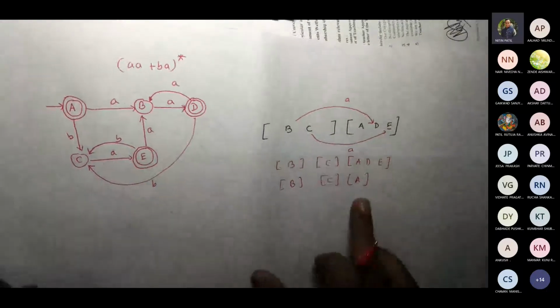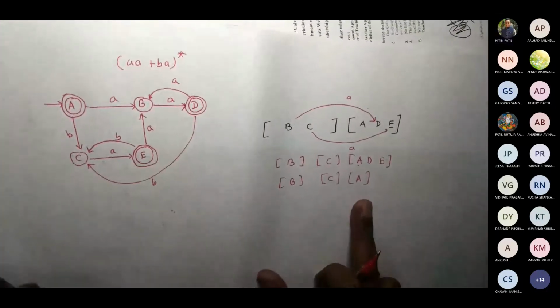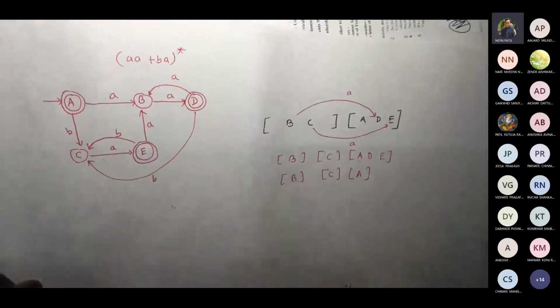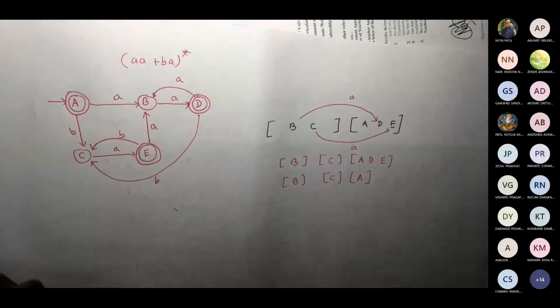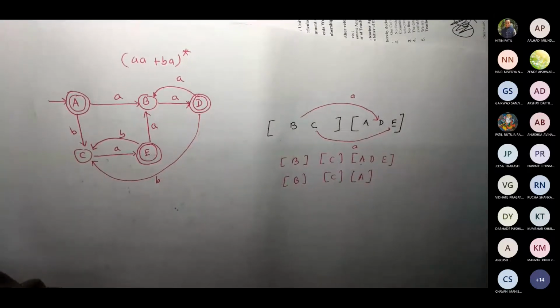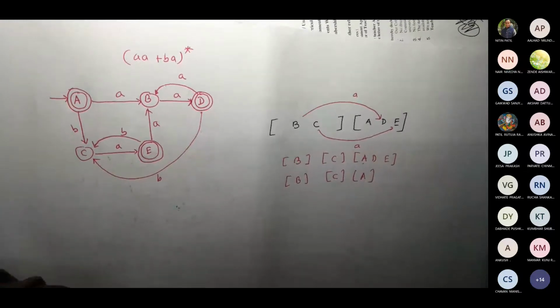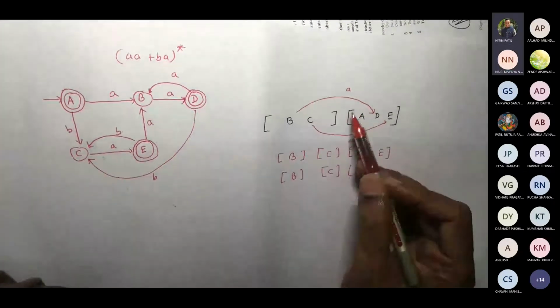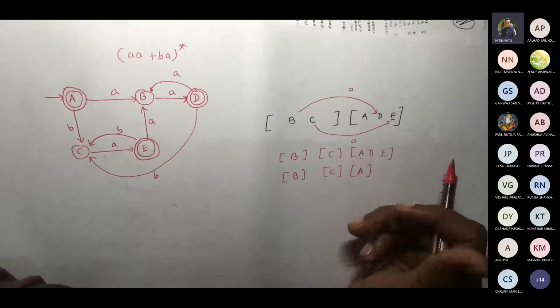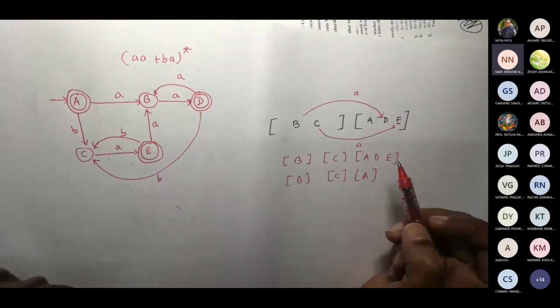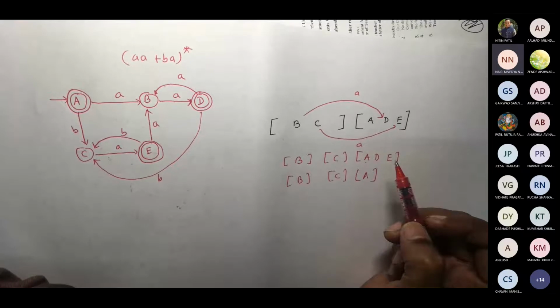Can somebody explain why we did this? Why we separated B and C? Because for input A, both the states were giving different states.